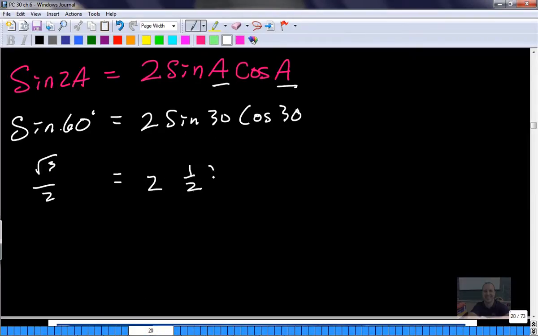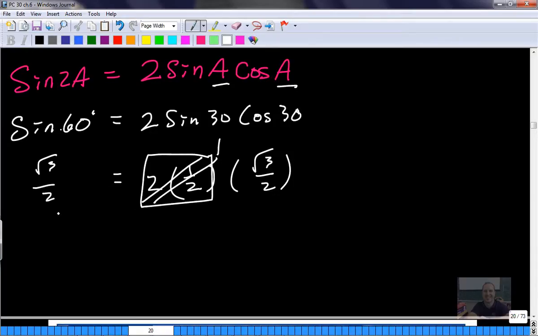Well, if you look at this, it's pretty easy to say that 2 times 1/2 is 1, right? And so we have root 3 over 2 equaling 1 times root 3 over 2. Okay, so there's a quick verification for the one double angle formula.